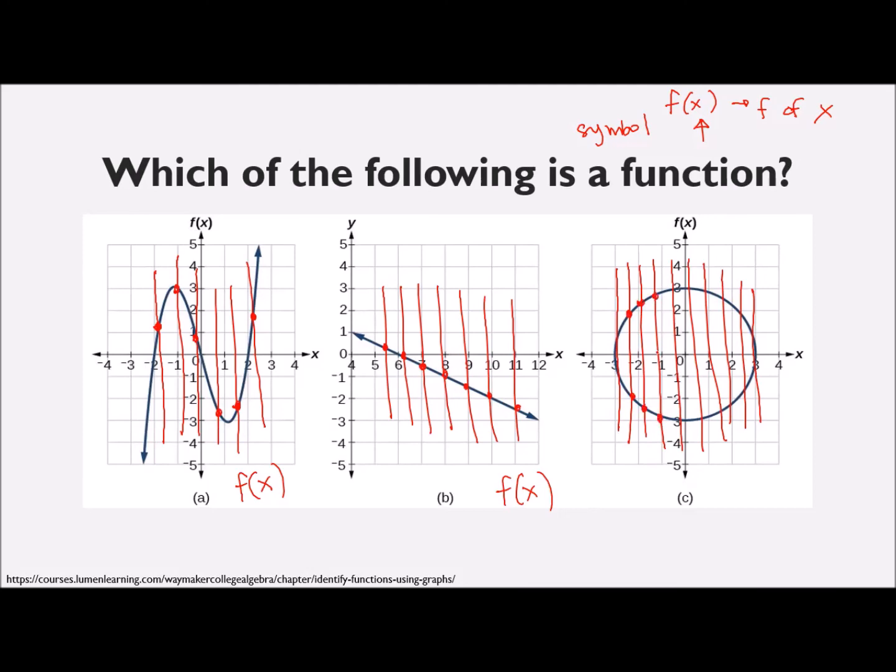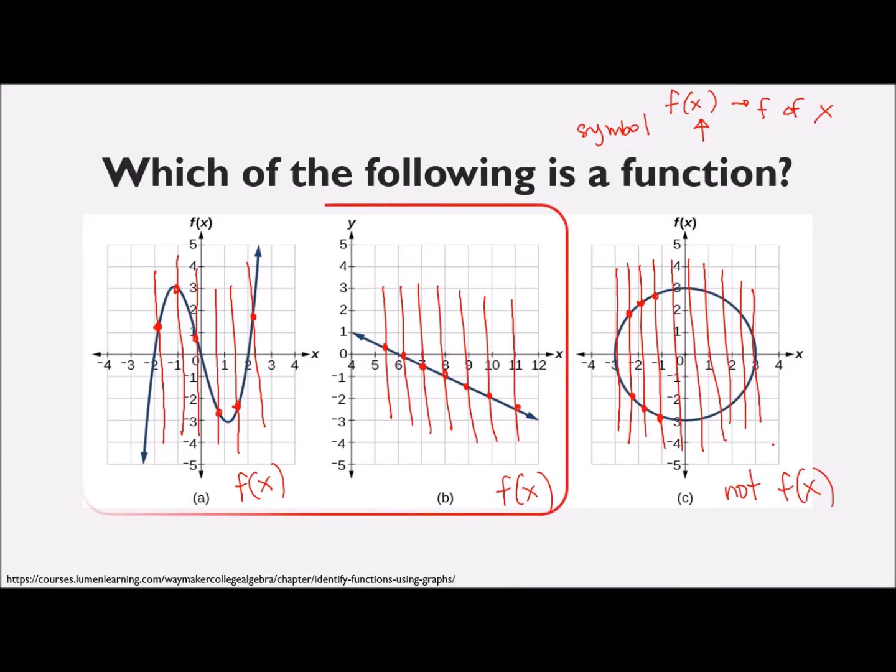Kasi, meron siyang ka-pair up na value ng y na positive dito sa taas, tapos may negative dito sa baba. So, which means, it is clear to us that it is not a function. Okay? So, sa tanong, which of the following is a function, it is only letter A and B. Okay? I hope that's clear.